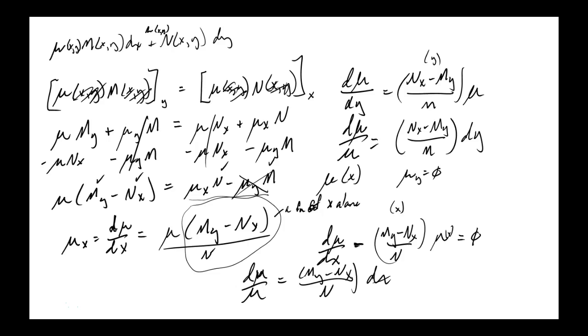And then you can e this side and get just mu, and the e of whatever that is. That would be your integrating factor. Then you take that and multiply by this. Whichever one works, you multiply by that, and this is just proving that they're equal if you have whatever your integrating factor is.